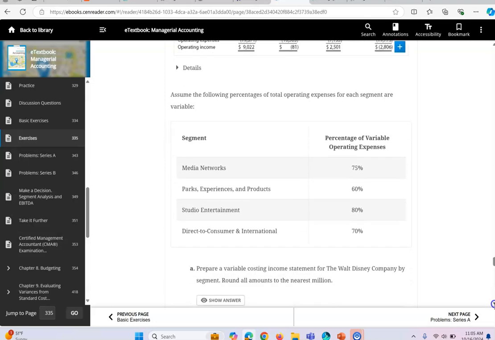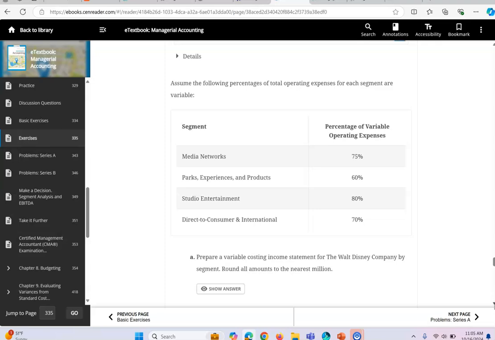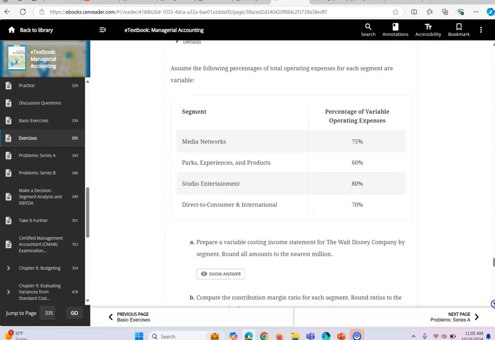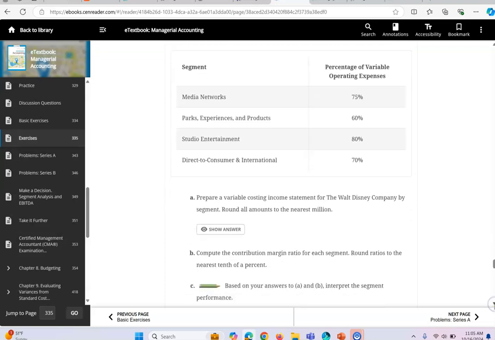So we've got our media networks at 75%, parks 60%, studio entertainment at 80%, and direct-to-consumer and international sitting at 70%. Prepare a variable costing income statement for the Walt Disney by segment.